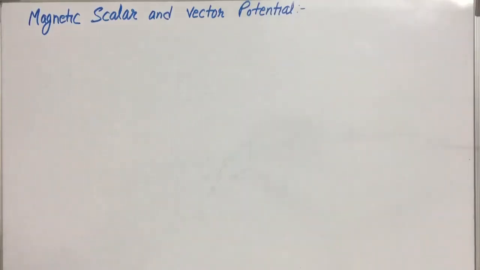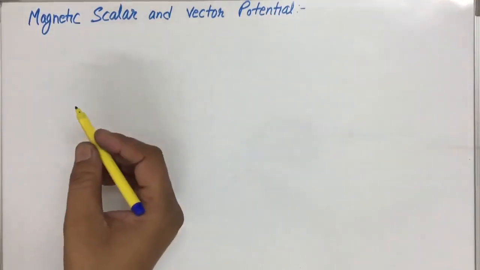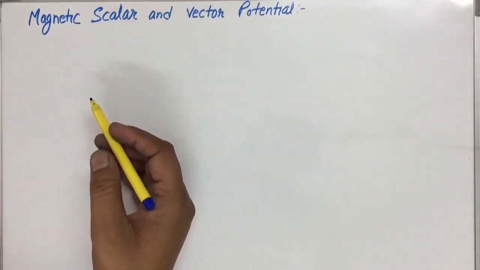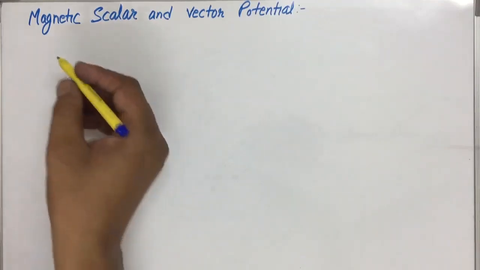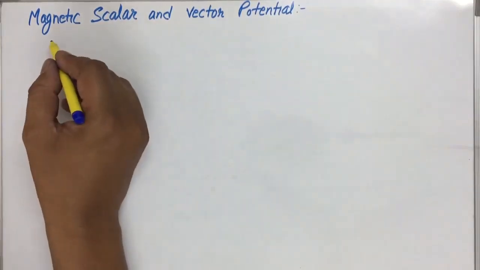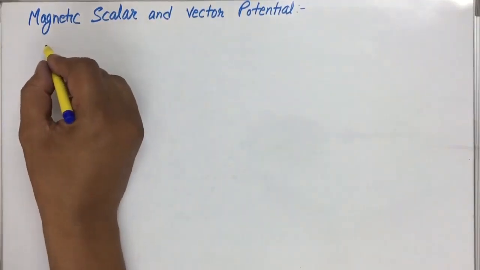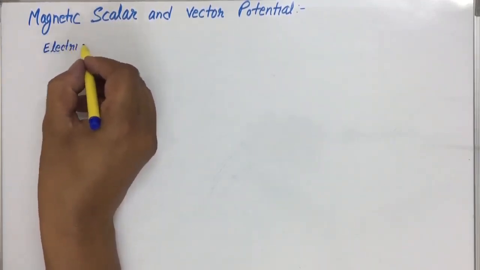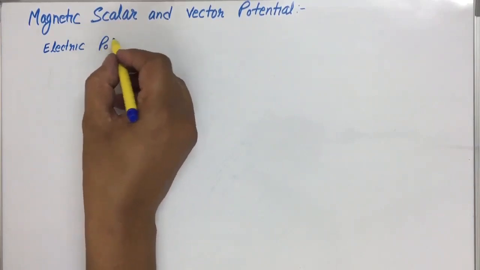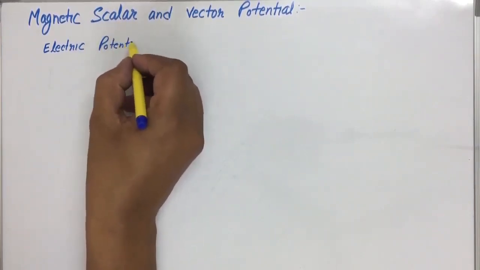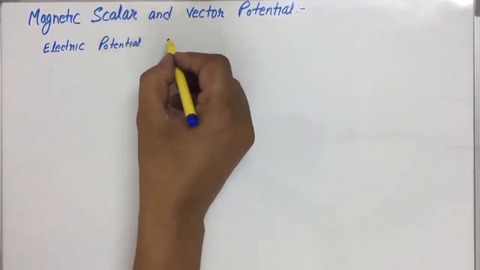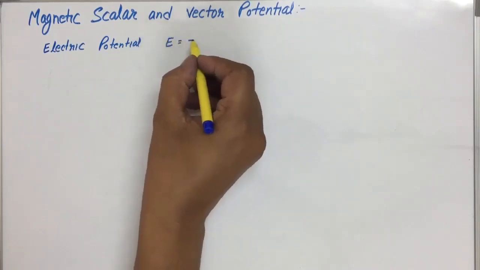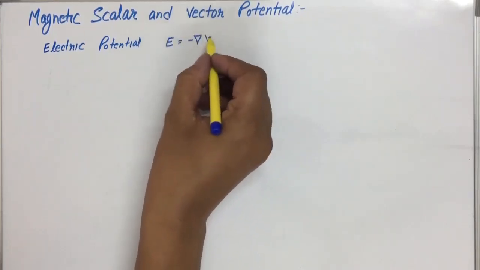Now, the next topic of discussion is magnetic scalar and vector potential. So let us talk about potential in the magnetic domain. We have studied the electric potential. Electric field is E equals minus del V. We have studied this.